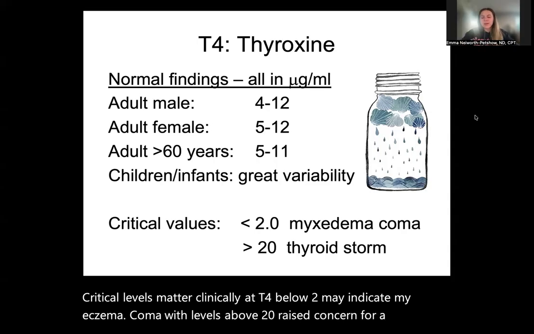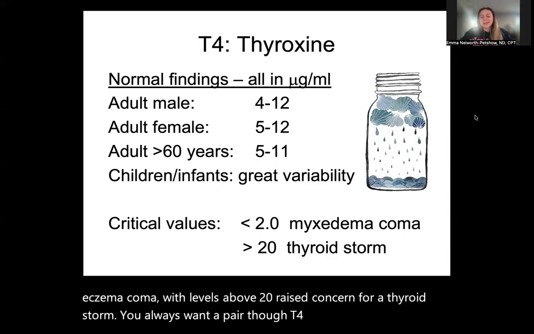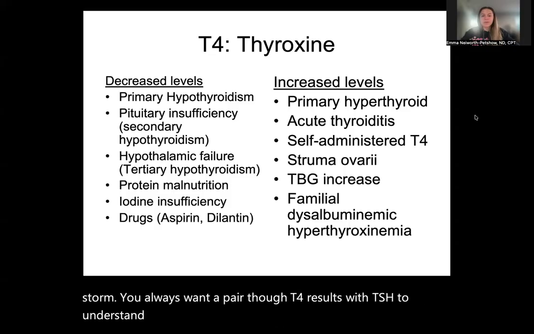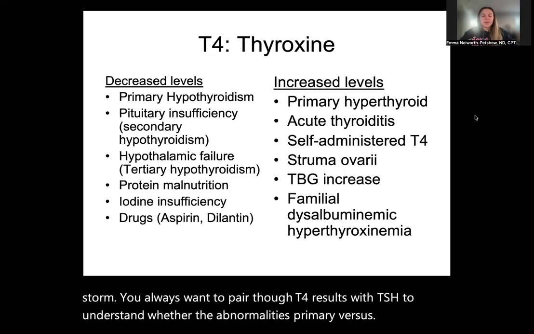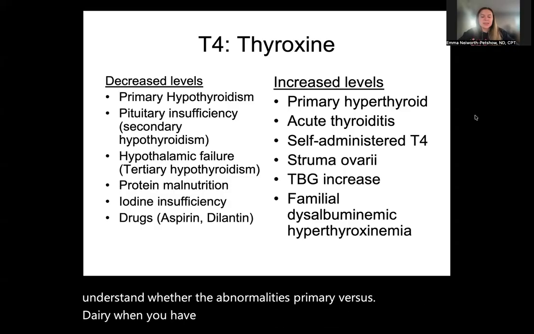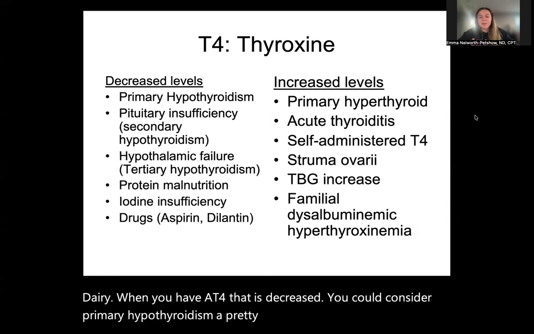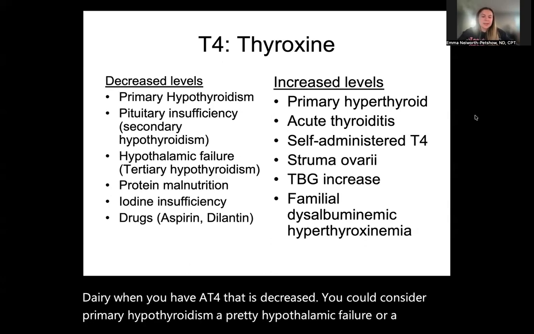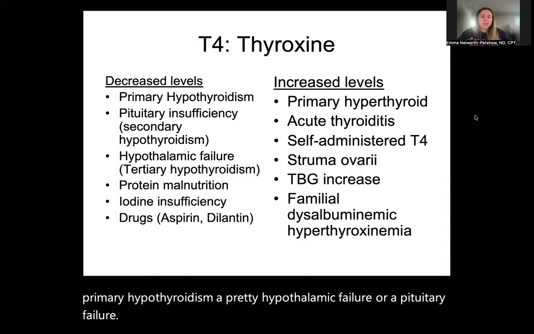You always want to pair T4 results with TSH to understand whether the abnormality is primary versus secondary. When you have a T4 that is decreased, you could consider primary hypothyroidism, a hypothalamic failure, or a pituitary failure, iodine deficiency, even certain medications.